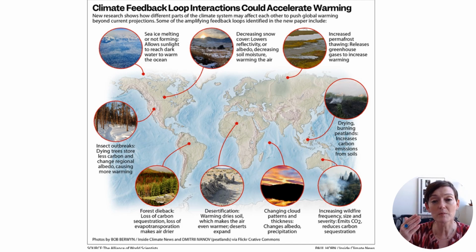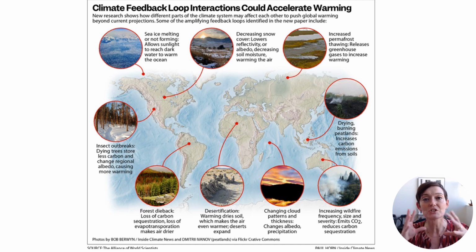And increased permafrost melting means that we start to see methane spewing into the atmosphere from what's underneath the permafrost, plus the permafrost can no longer have that albedo effect. As we start to see things drying out around the world, we get these wildfires, and those wildfires pump tons of CO2 into the atmosphere.